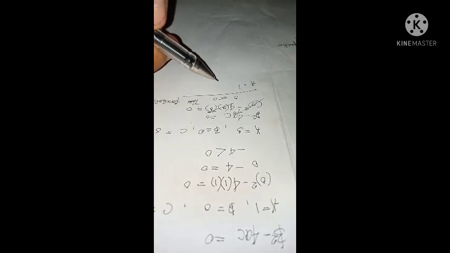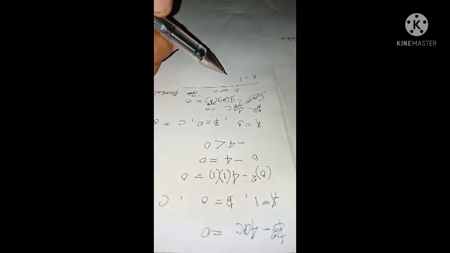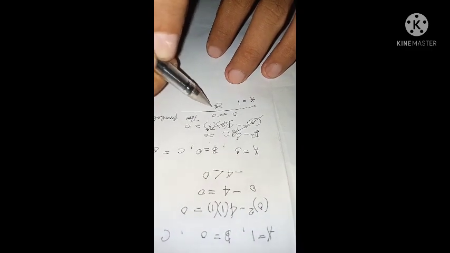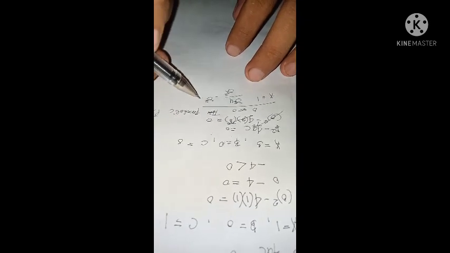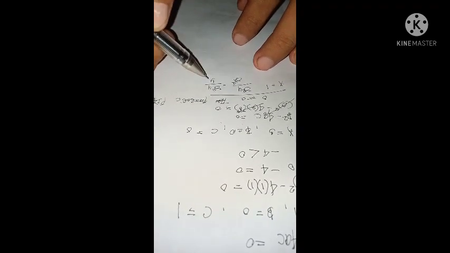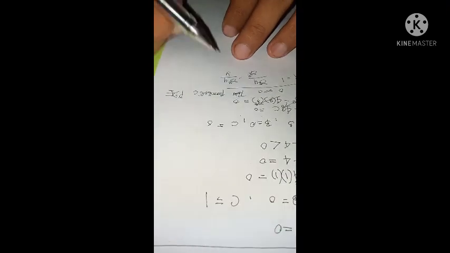So now let's try letter C. A is equal to 1, and first let's arrange this equation: the second partial derivative of u with respect to x minus the second partial derivative of u with respect to y is equal to 0.